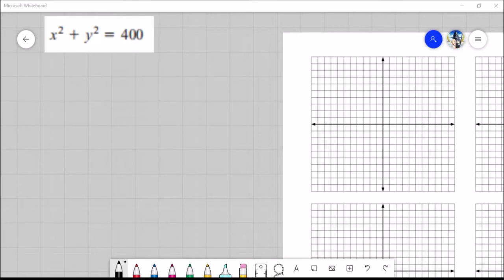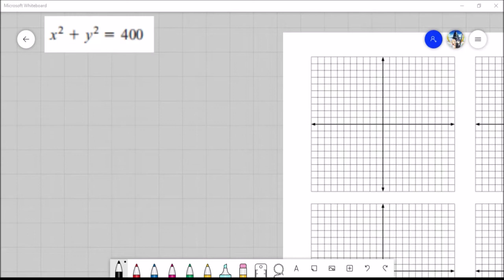So if you notice how this is written, x squared plus y squared equals some number. This is the form of a circle equation, the standard form of a circle.